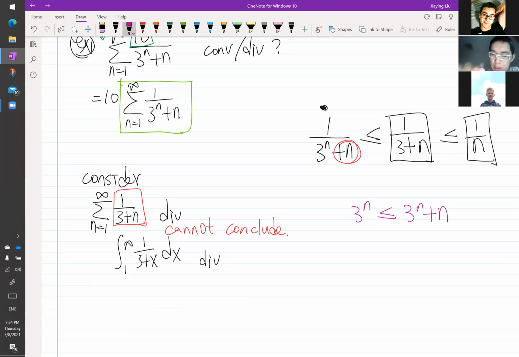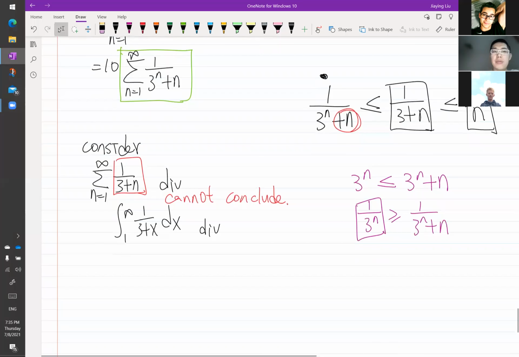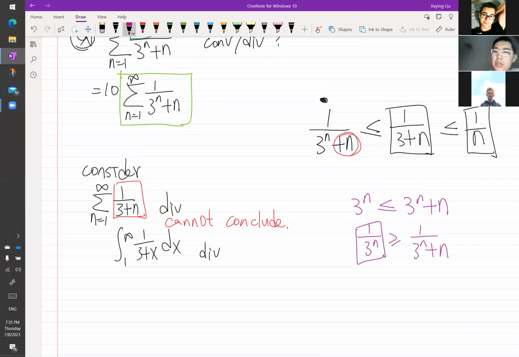And if we put them in the denominators, we get 1 over 3 to the n is greater than or equal to 1 over 3 to the n plus n. So this is the second function that's greater than the function we want to test for convergence. So let's use 1 over 3 to the n instead.